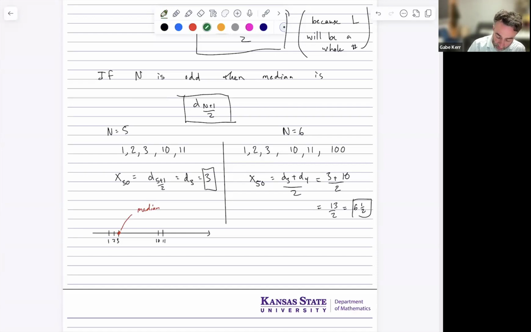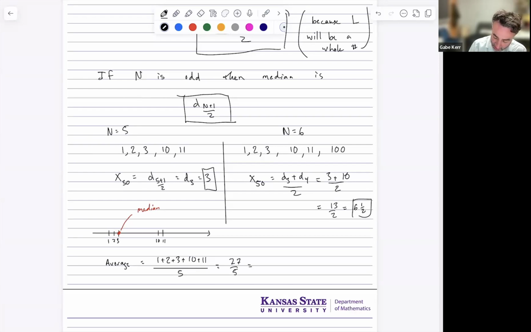And on the other hand, what is my average? The average is I add all the numbers, 1 plus 2 plus 3 plus 10 plus 11, and I divide by my n, which in this case is still 5. Let's calculate. 1 plus 2 is 3, plus 3 is 6, plus 10 is 16, plus 11 is 27 fifths.